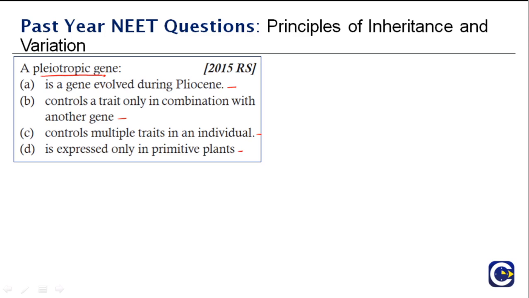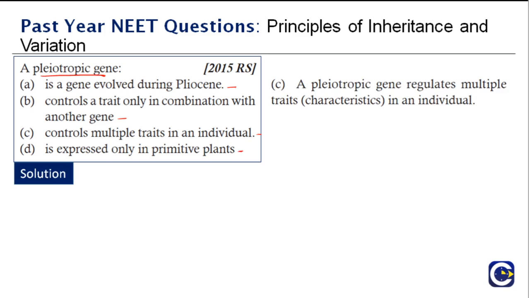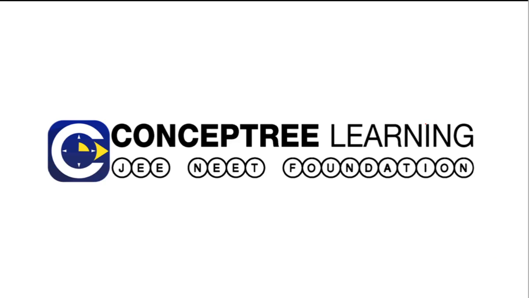So what is a pleiotropic gene? A pleiotropic gene is a gene that controls multiple traits in an individual. That is why it is called pleio, because it controls multiple traits. So the right answer is C.